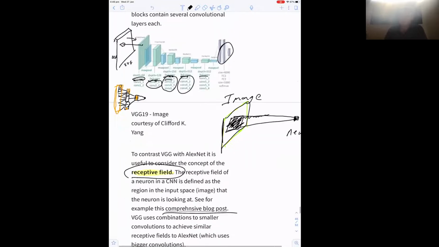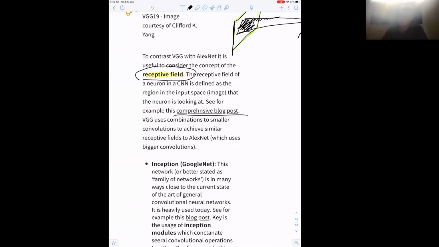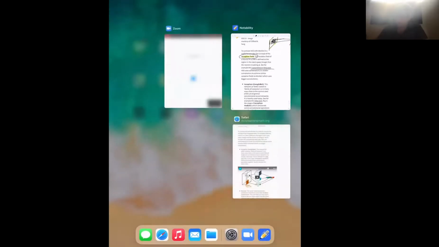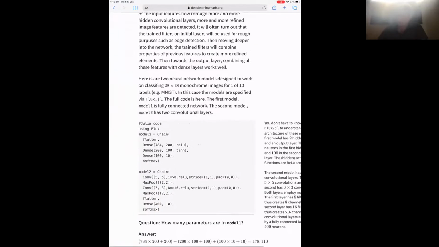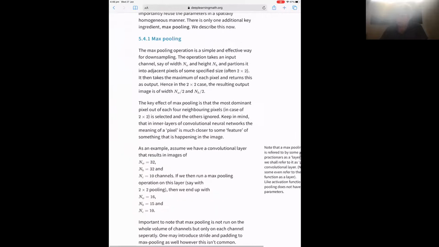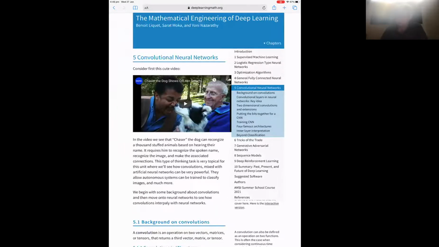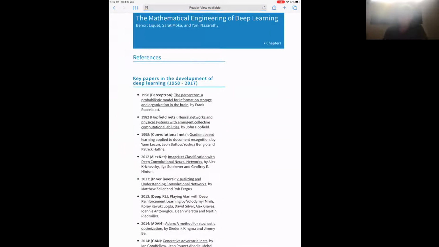Let's go to the third paper and model, which is really used today by a whole lot of things. I know VGG is used less, but Inception is what you would really use in practice, okay?